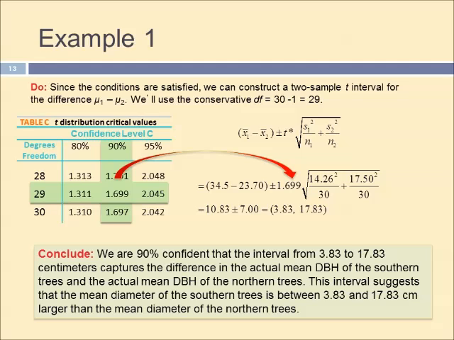Well, in this case, we have a directionality with it. This suggests that the mean diameter of the southern trees is between 3.83 and 17.83 centimeters larger than the mean diameter of the northern trees. So we do need to keep track of which sample mean came first. Make sure that we identify it.